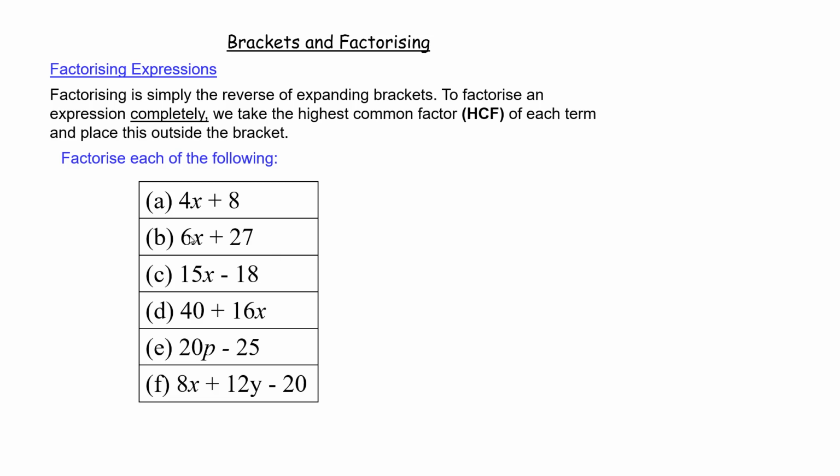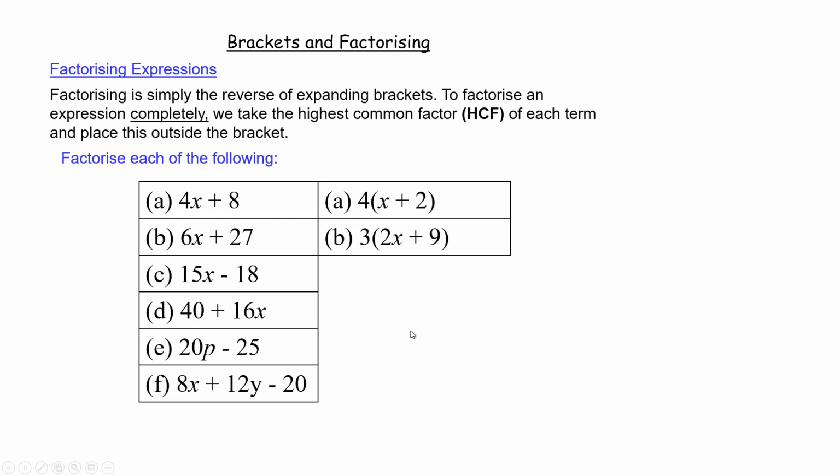Right, so for A, you can see the 4 is common to both, so I can take 4 out, and then in my brackets, 4 goes into 4 1 time, so x, and 4 goes into 8 2 times. 6 and 27, 3 goes into both of those. Okay, so mark your work, use a red pen.